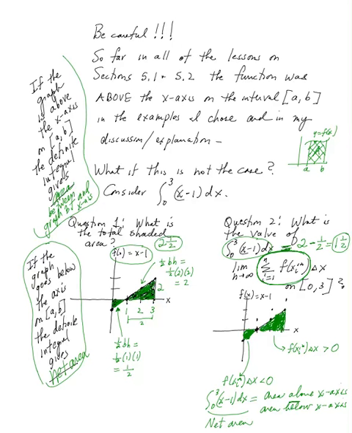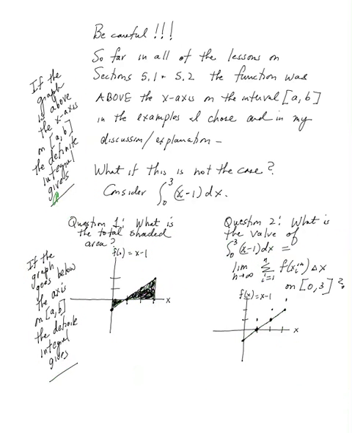Now, if the graph is above the x-axis on a to b, the definite integral gives us area between the graph of f and the x-axis.